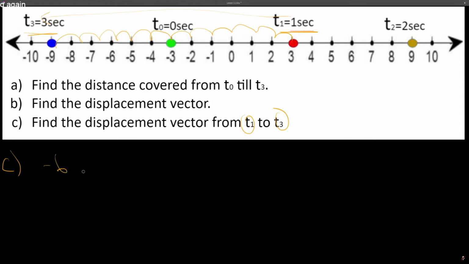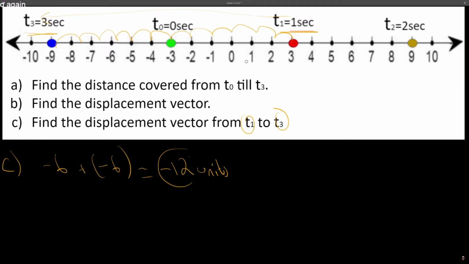So it's -6 plus -6, because we add from t1 to t0, which is -6, or t0 to t3, it's -6, or you can just count them all together as -12. It doesn't matter. However you do it, as long as you get the final answer, and the units, it should be in units.